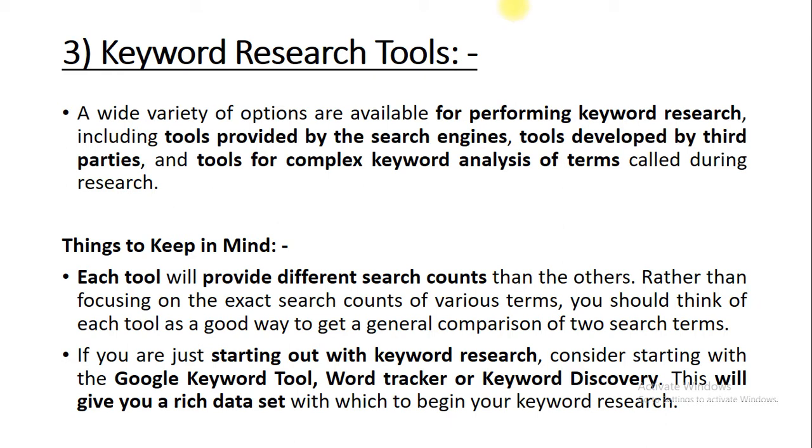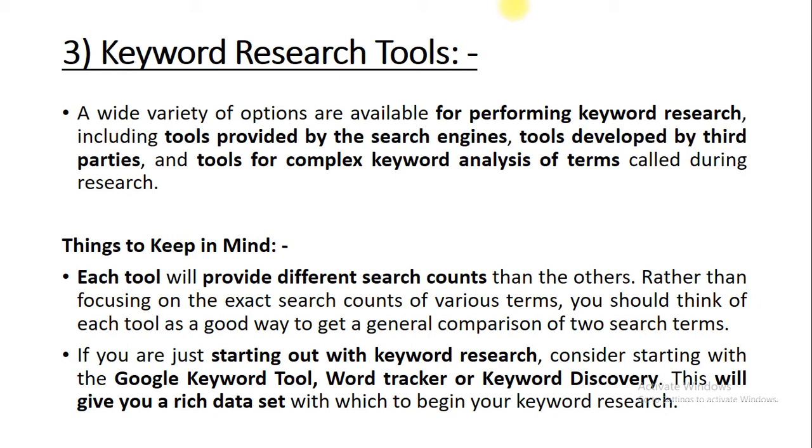There are a variety of options available for keyword research, including tools provided by the search engine, tools developed by third parties, or tools for complex keyword analysis of terms.